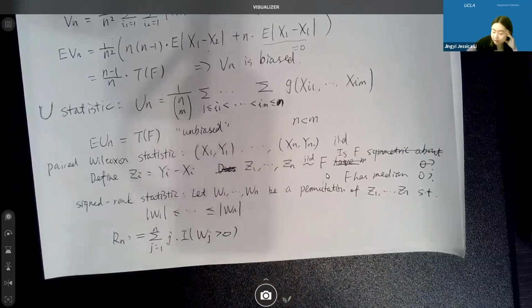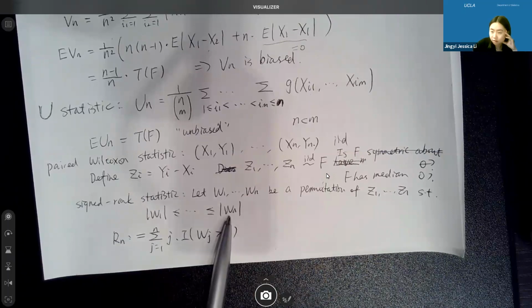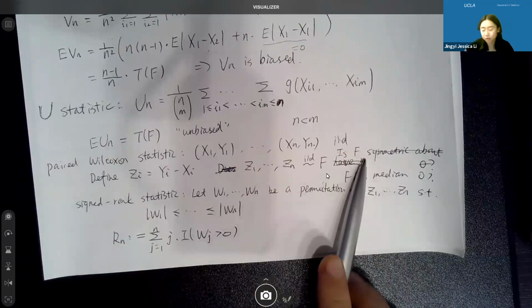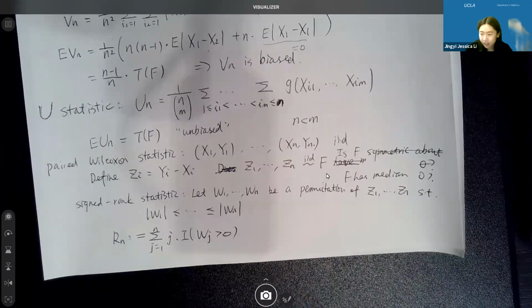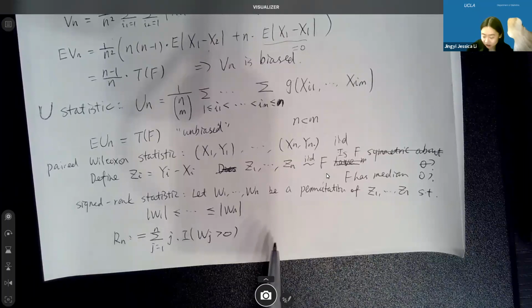Then what would you imagine? If W_j is positive for the large j's, and large j means large absolute values, so if the large absolute values tend to be positive, then we would say the null hypothesis is unlikely to be true. If we have the sign independent of the rank, we may have this indicator equal to 1 for a random set of j's, and then you wouldn't expect R_n to be that large.